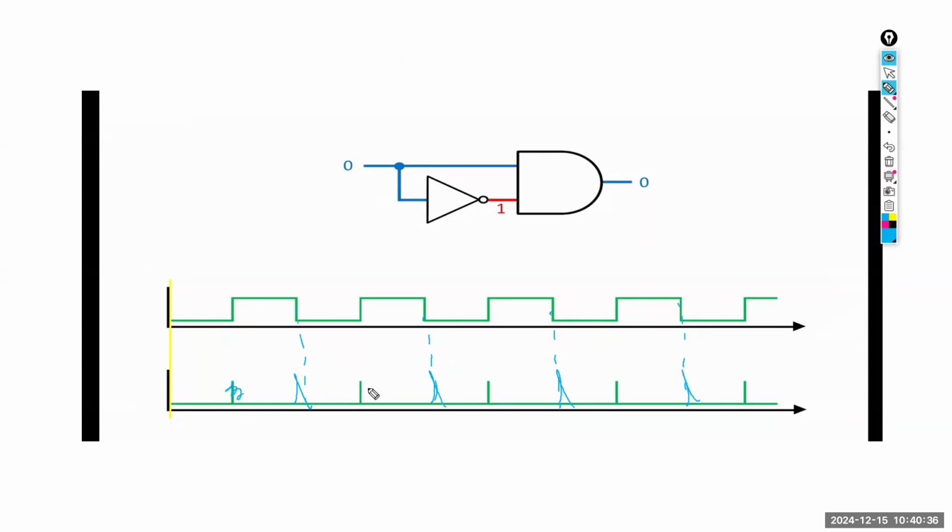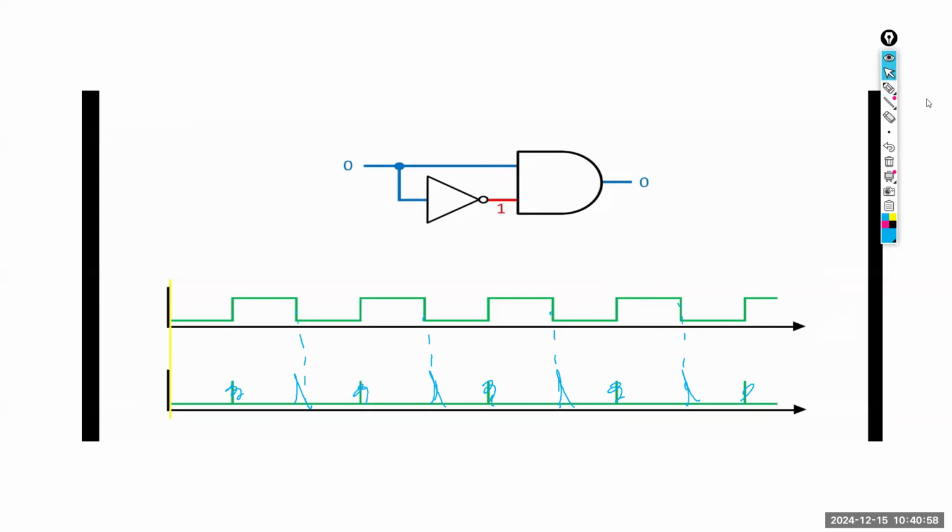Here it should be flat. So if I can generate this kind of pulses during the falling edge, we can call it falling edge triggering, or negative edge triggering. So this circuit generates falling edge triggering.